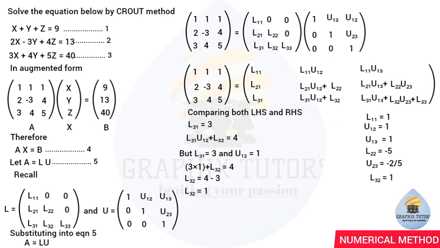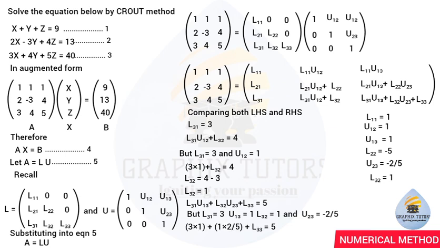Now we'll go to the next equation: L sub 3,1 times U sub 1,3 plus L sub 3,2 times U sub 2,3 plus L sub 3,3 equals 5. We know L sub 3,1 is 3, times U sub 1,3 is 1, plus L sub 3,2 is 1, times U sub 2,3 is minus 2 over 5, plus L sub 3,3 equals 5.